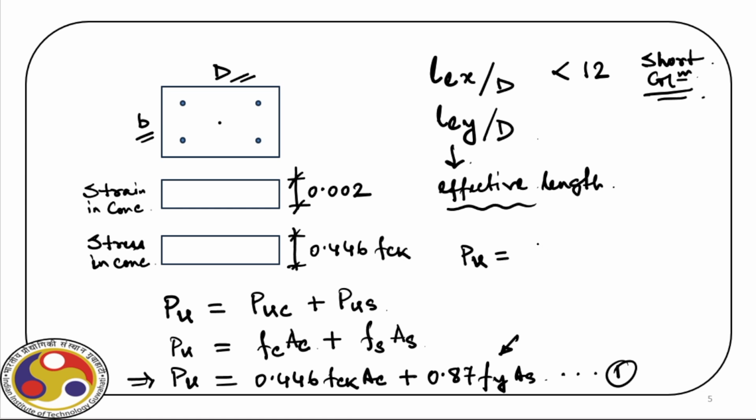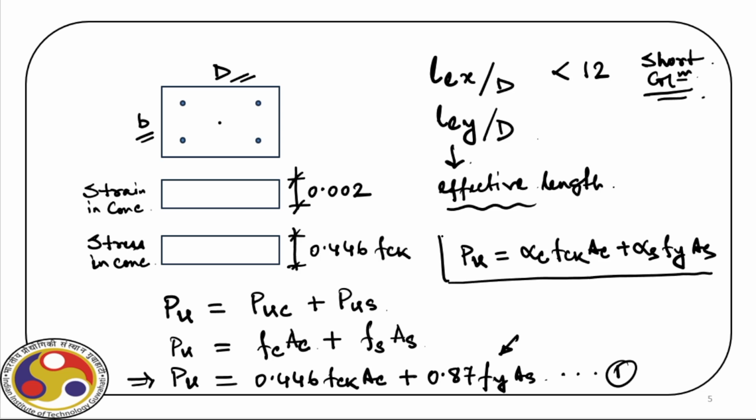So we have alpha C times FCK times AC plus alpha S times Fy times As. So that is the sectional capacity of the column, to be more precise, short column under axial loading.